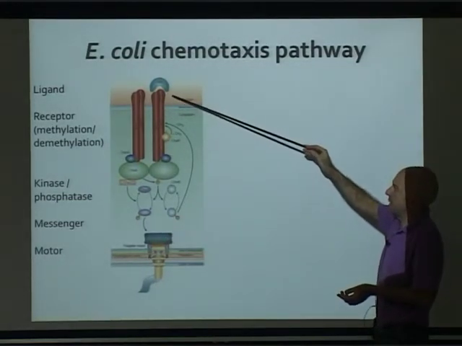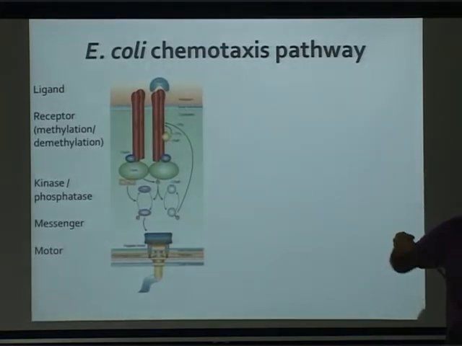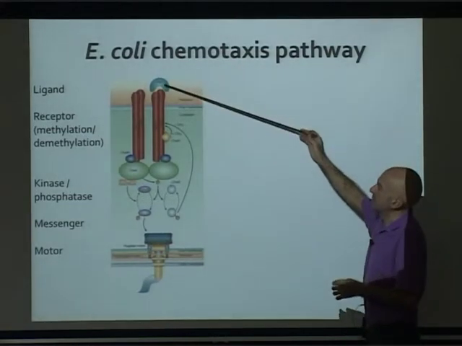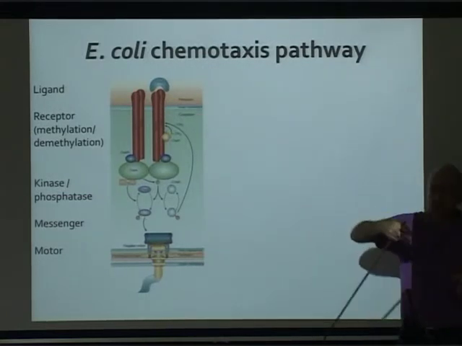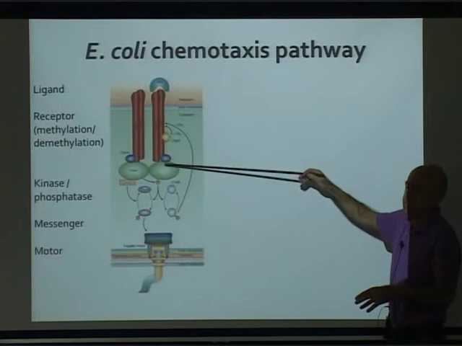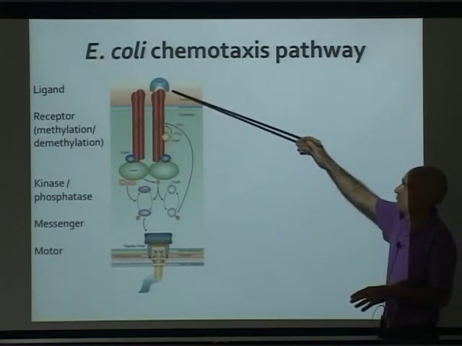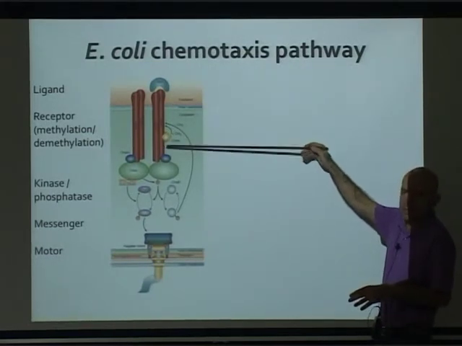In the periplasmic space, these receptors bind either the ligand or other binding proteins that themselves bind the ligand. So it might be a one-step or two-step process. When the ligand binds, as in other receptors, this changes the spatial conformation of the receptor, and this affects the behavior of the cell in the cytoplasmic space. This is the way this transmembrane protein transduces the signal from the outside to the inside.